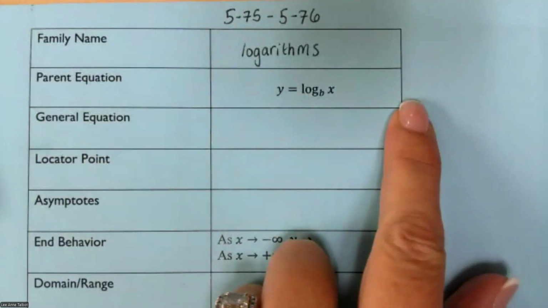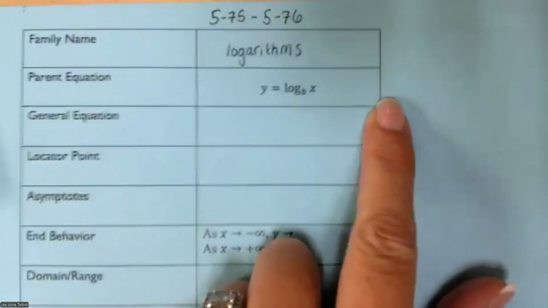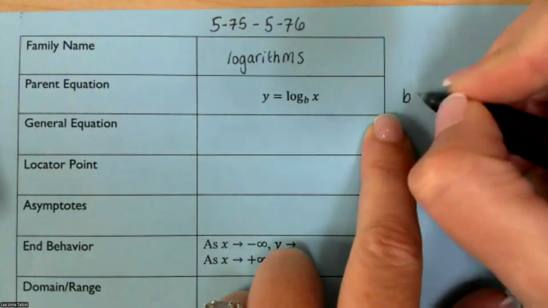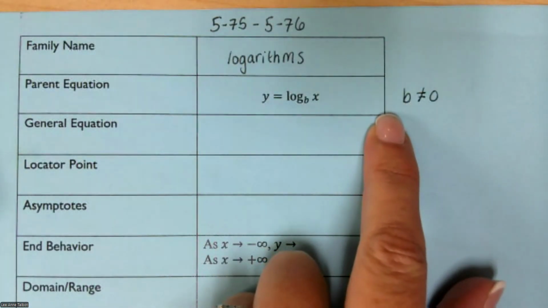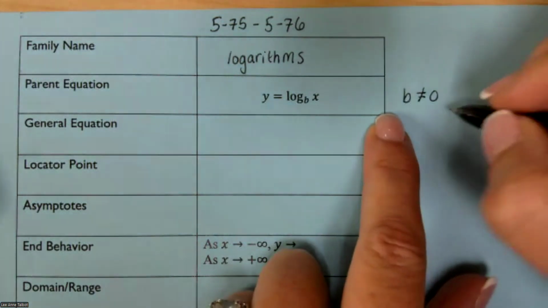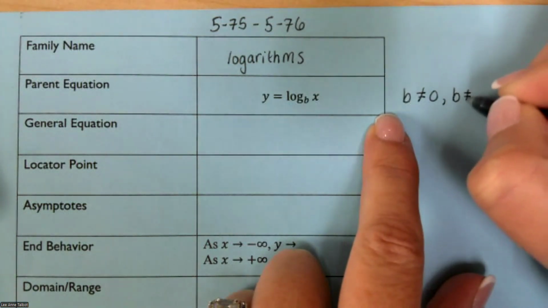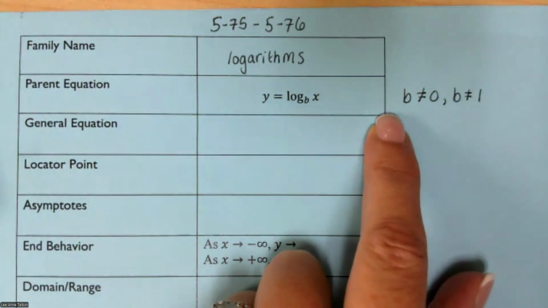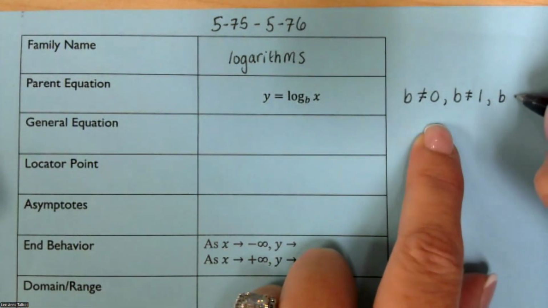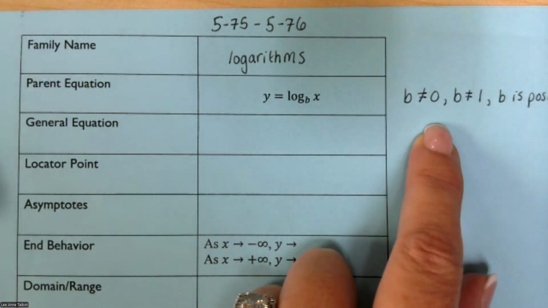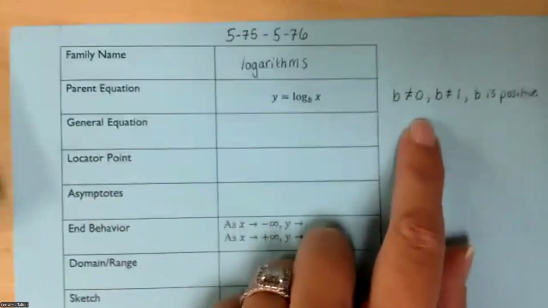Now over here in this blank space, we're going to write some notes to ourselves. We're going to write B cannot be 0, because remember, no graph showed up. B cannot be 1. And B is positive.